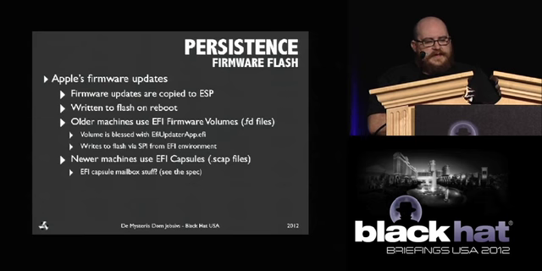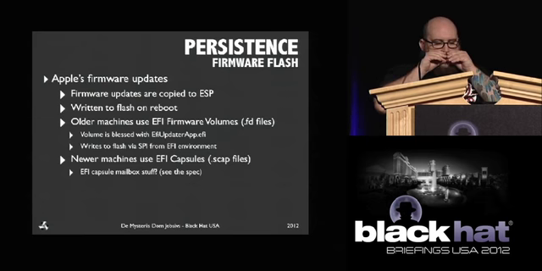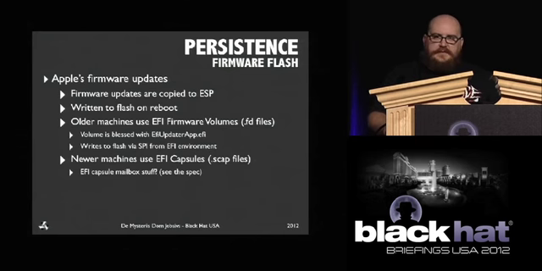So just a little bit about how the firmware update process works. Basically, Apple copies firmware update volumes to the ESP, the EFI system partition, and then they're written to the flash on a reboot. Older machines use a firmware volume that contains the entire new firmware image to write down, and just re-blesses the disk with basically what is a shim bootloader, I guess, which is the EFI updater app, which then writes a new flash out when the machine's rebooted, and then it sets the old bootloader back and reboots again.